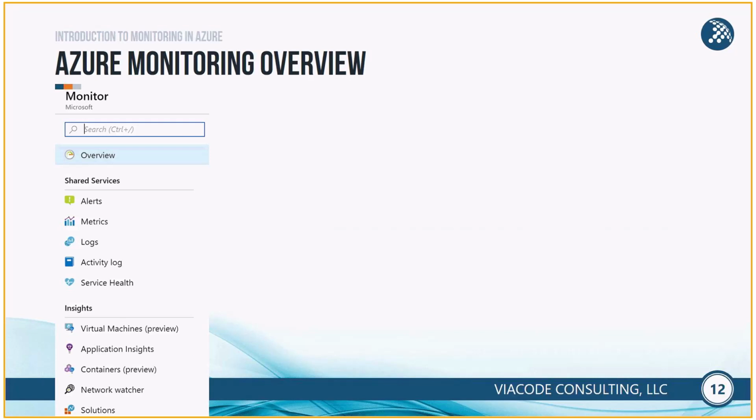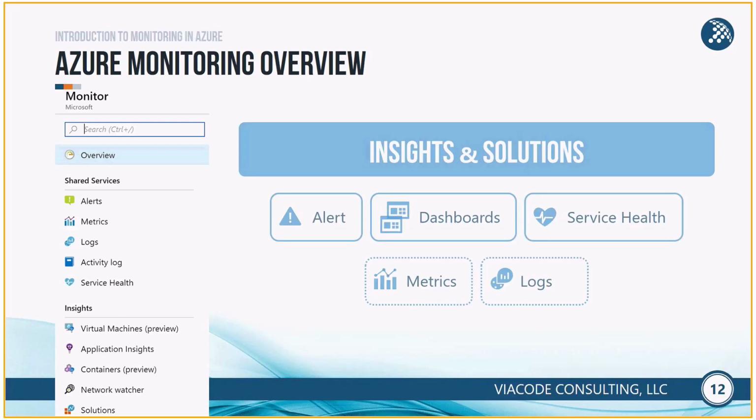A lot of customers ask, so how is it all put together? It seems there are a lot of pieces of this puzzle, and it's hard for me to wrap my head around. Let me simplify this picture for you. At the core, at the base of the monitoring, there are two services, the metric experience and the log analytics experience.